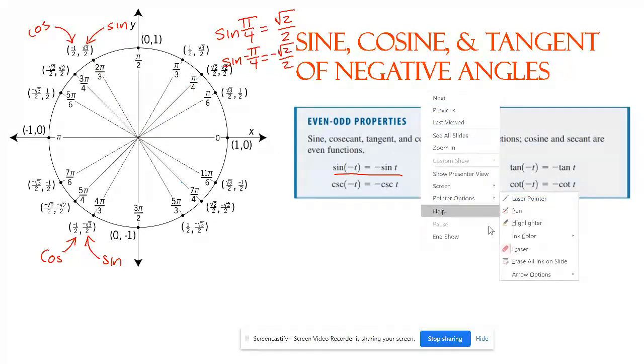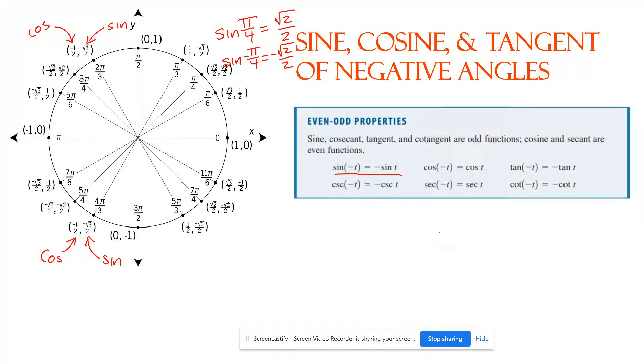All right, if you look at the cosine rule, it's different. If you want to find the cosine, and remember cosine is your x value, cosine of a negative angle is going to be the same as the cosine of the angle without the negative sign. And you can see that on the one we've marked at positive 2 pi over 3, the cosine is 1/2, or negative 1/2, sorry. And at negative 2 pi over 3, the cosine is also negative 1/2.